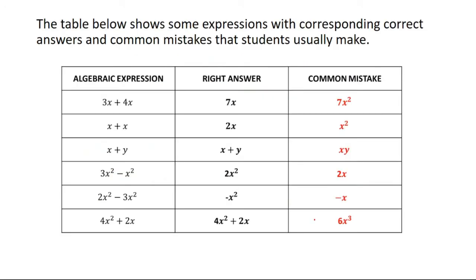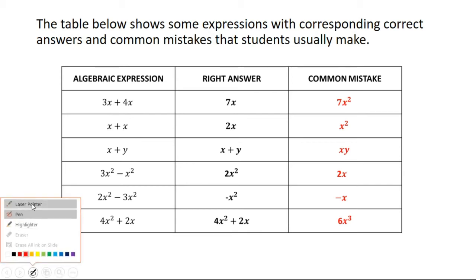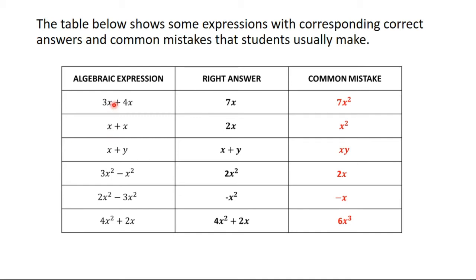Now, the table below shows some expressions with corresponding correct answers and common mistakes that students usually make. So from what you've learned, if you have the expression 3x plus 4x as we have here, the right answer is 7x, not 7x squared.